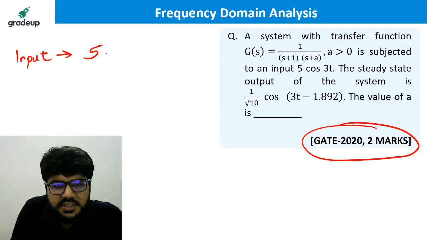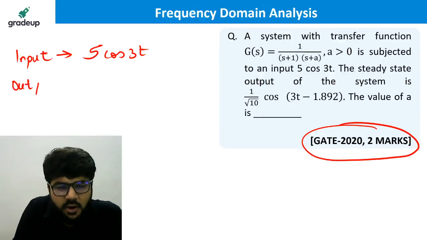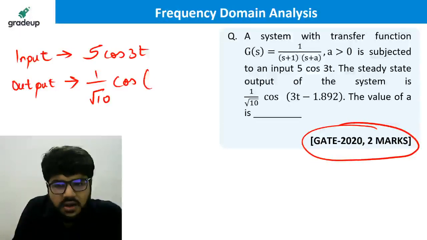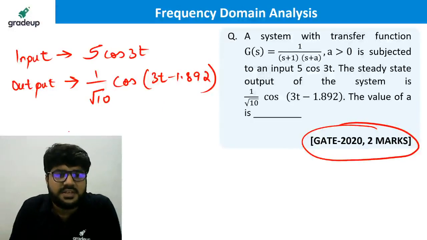The input is 5 cos 3t and the steady state output is given as 1 by root 10 cos 3t minus 1.892. No need to go for phase, magnitude will give you the simple result.